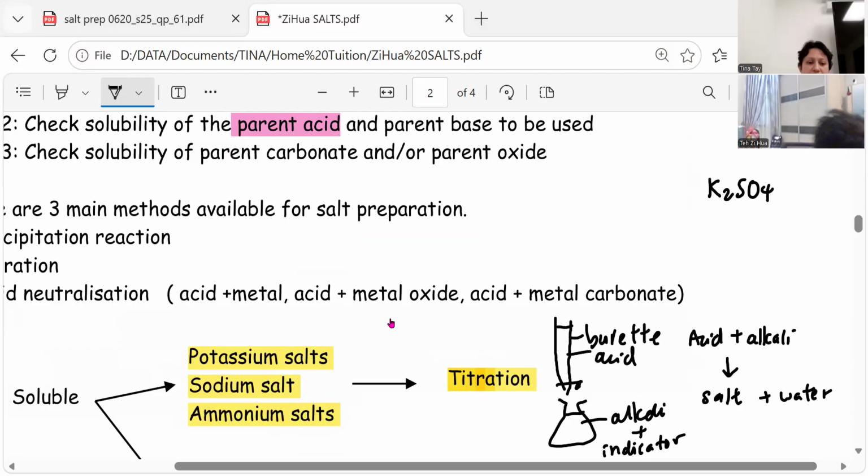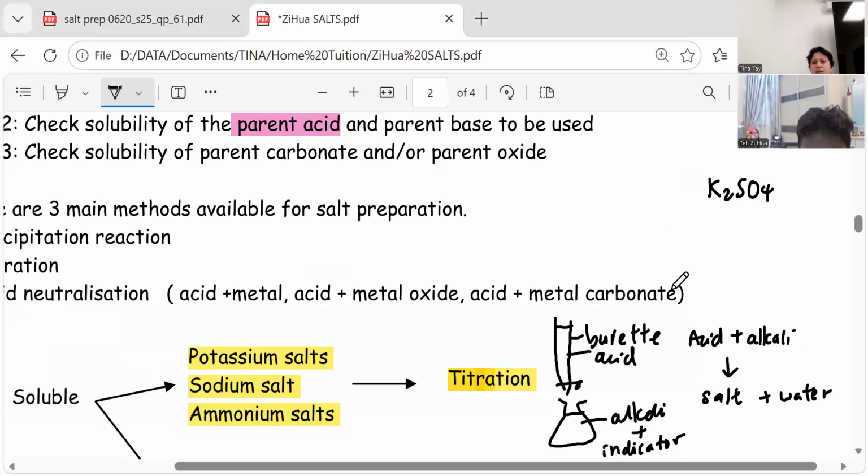Okay. Is it a potassium, sodium, or ammonium salt? No. Is potassium sulfate a potassium salt? Yes. So do you use method one, titration? Yes.